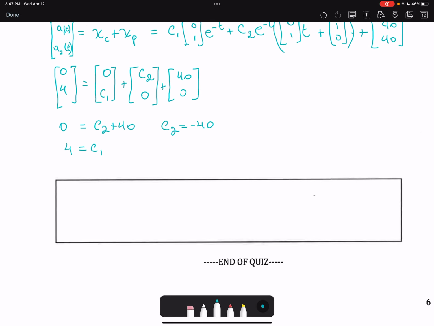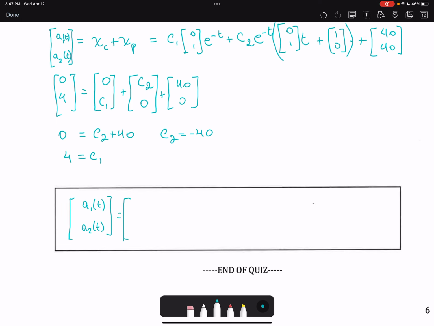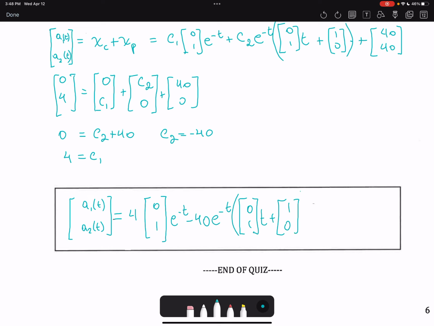So right now we can rewrite what we had above, a sub 1 of t and a sub 2 of t, equaling c1, which is 4, multiplied by 0, 1, e to the negative t plus c2, which is negative 40, times e to the negative t, all multiplied by 0, 1 times t plus 1, 0, plus 40 and 40.